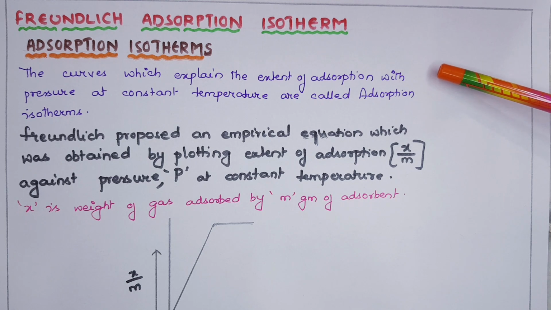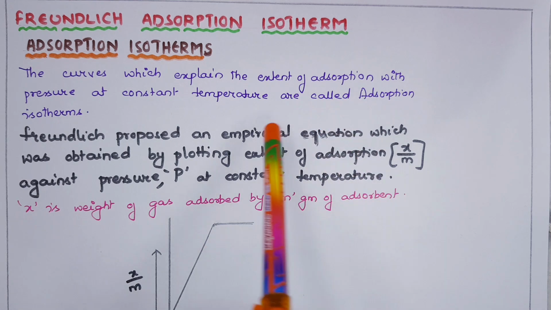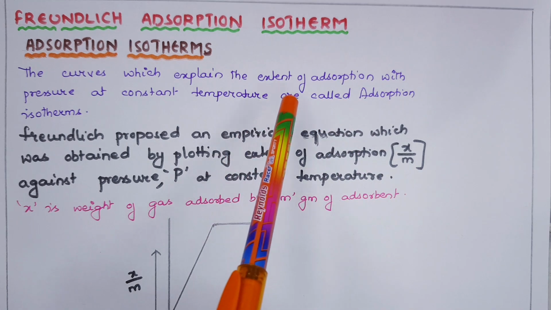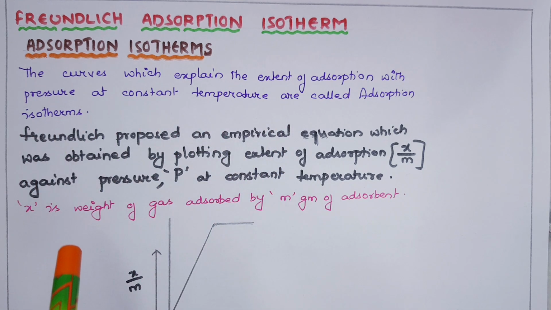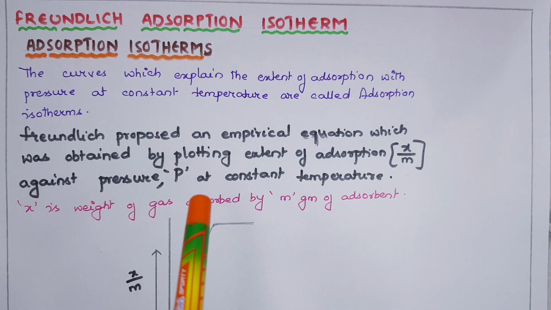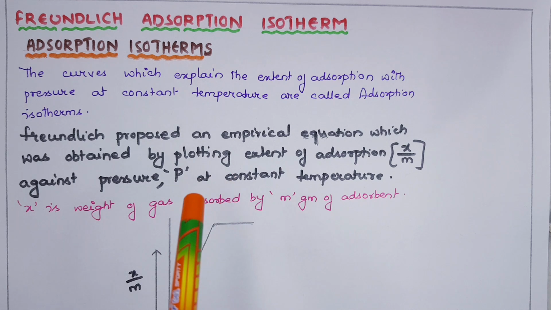Such curves we call adsorption isotherms. So you have to remember three things, students: extent of adsorption, pressure and constant temperature.